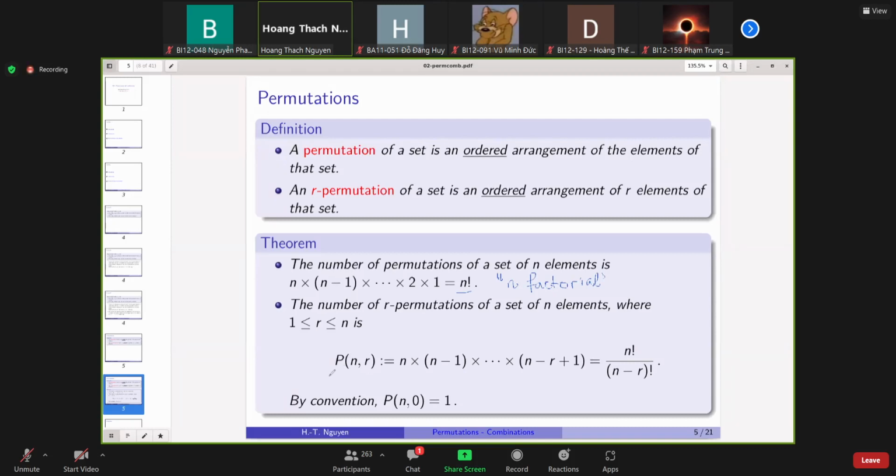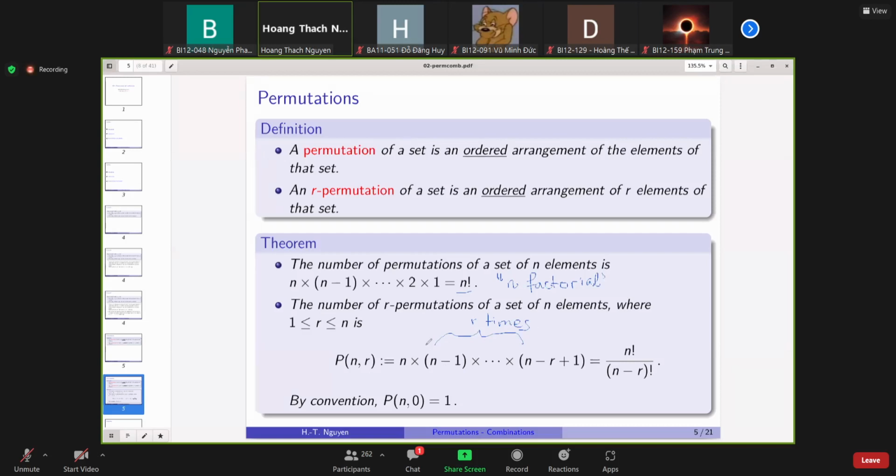Okay, so you can generalize the result of the previous example and find that the number of r-permutations of a set of n elements is equal to the product of the integers from n down to n minus r plus 1. So here, you start with n, and you descend r times, and then you get this product.